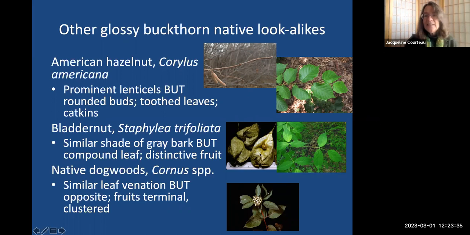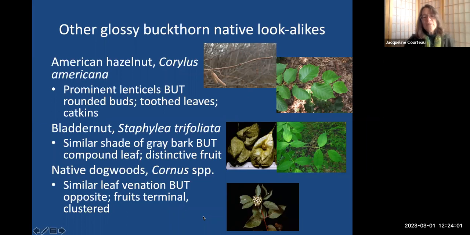And then starting in probably August and into the winter, and sometimes even through to the spring, you'll see the distinctive bladders hanging on the trees. This is the fruit. And inside that bladder, there will be anywhere from 1 to 5 or 6 hard round seeds. So very different fruit if you have the benefit of that.